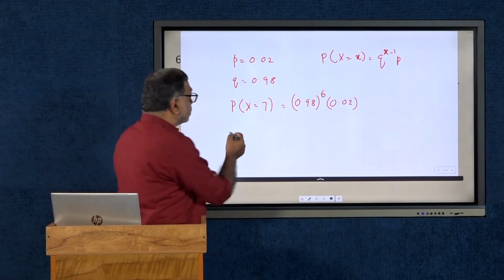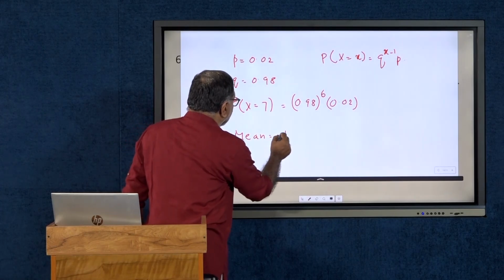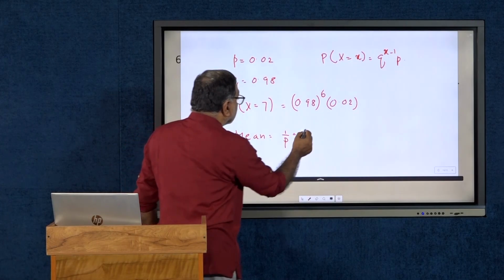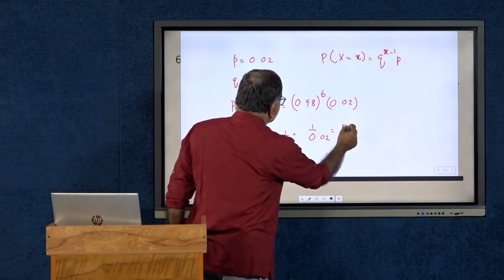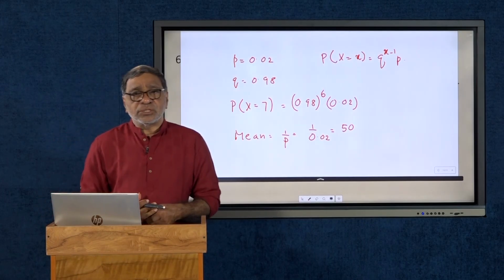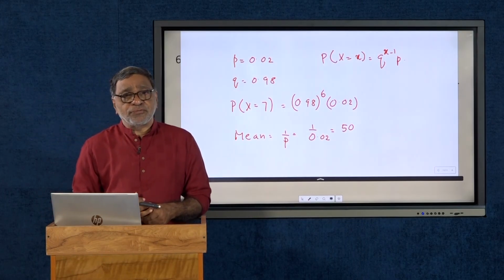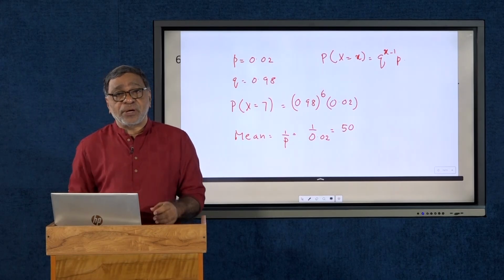We know the mean is equal to 1 divided by p, that is 1 divided by 0.02, or that is 50. So the mean is the expected number of trials required to get a defective part.